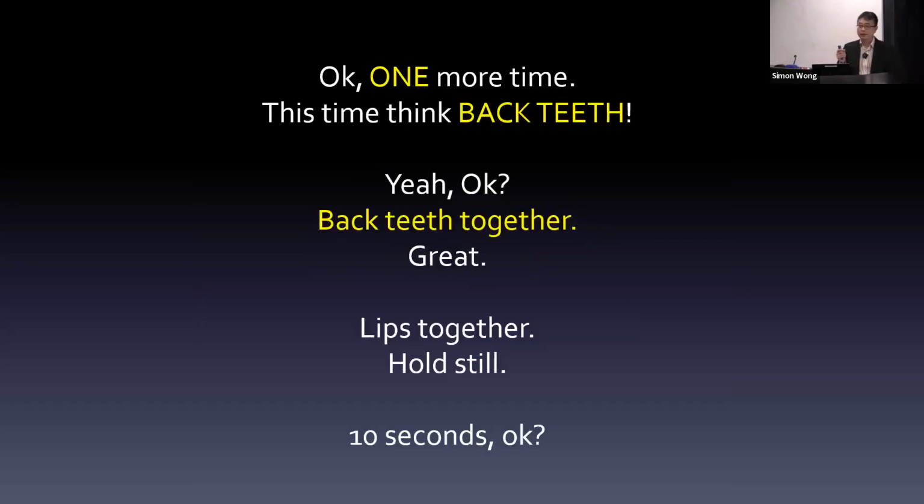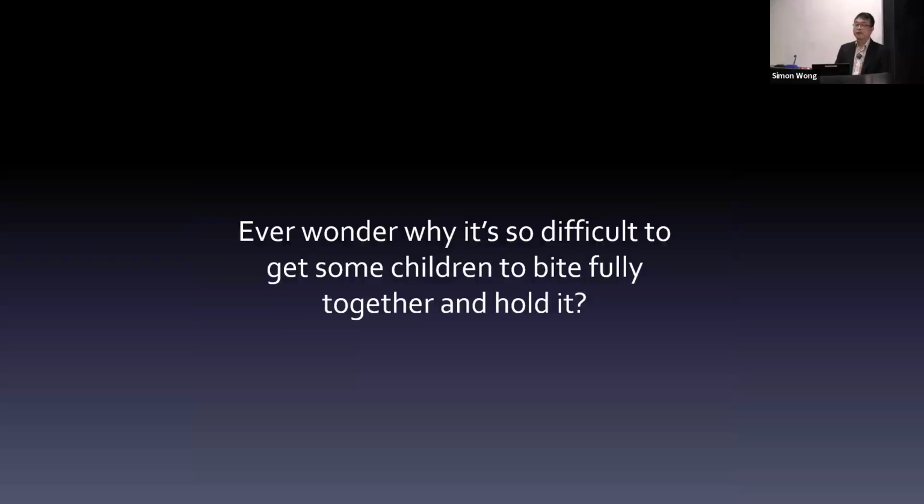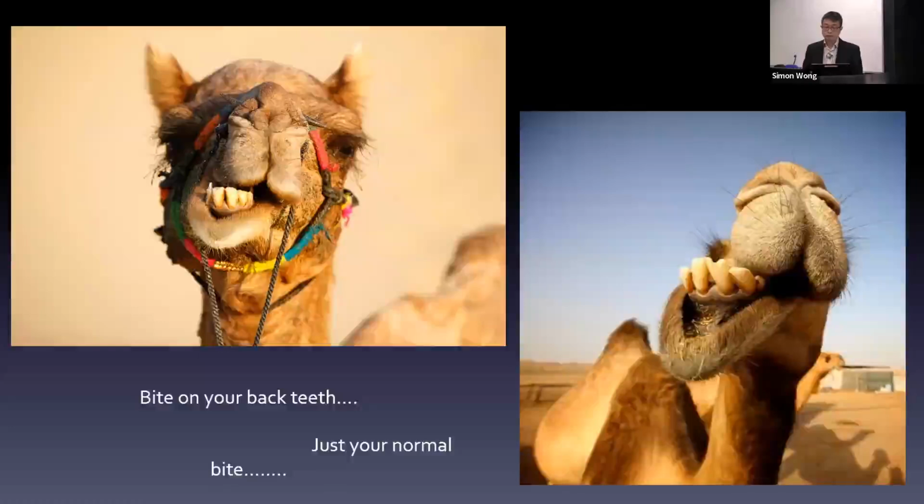Okay, one more time. Back teeth. Okay, back teeth. Bite, back teeth together. Great. Lips together. Hold still. 10 seconds. Be a statue. Yay. Why is it so hard? It's bite on your back teeth. Your normal bite.